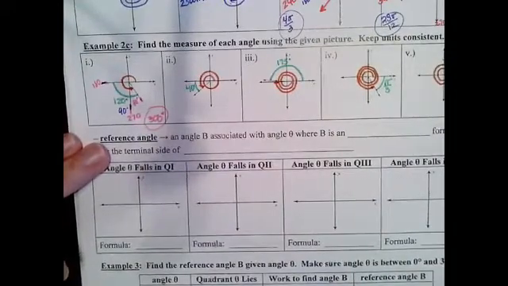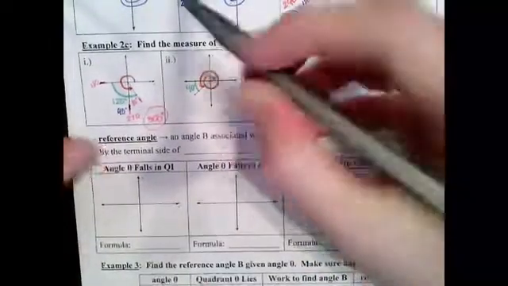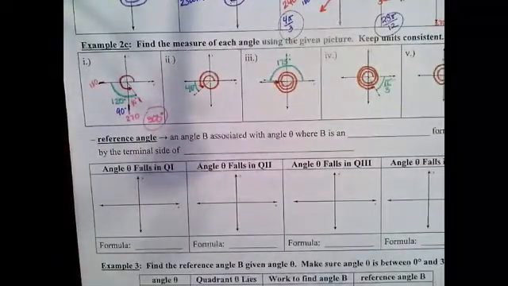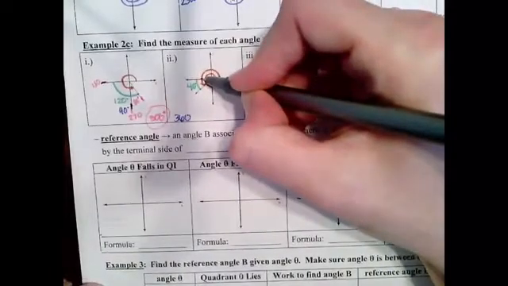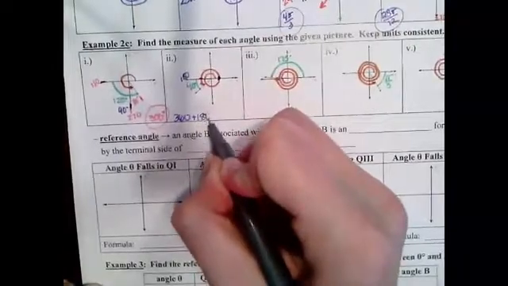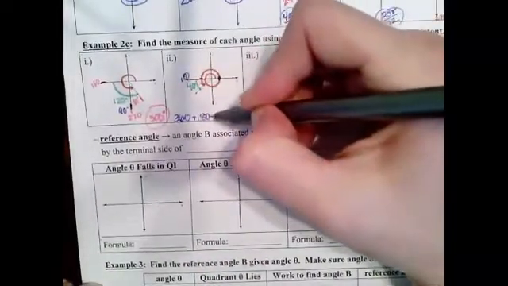All right, let's look at II. So I have a little bit more of a swirl going on. So swirl all the way around is 360. So that knows I'm definitely doing 360. To get over here is 180, so I'm going to be adding 180. And then to go a little bit more is 40.